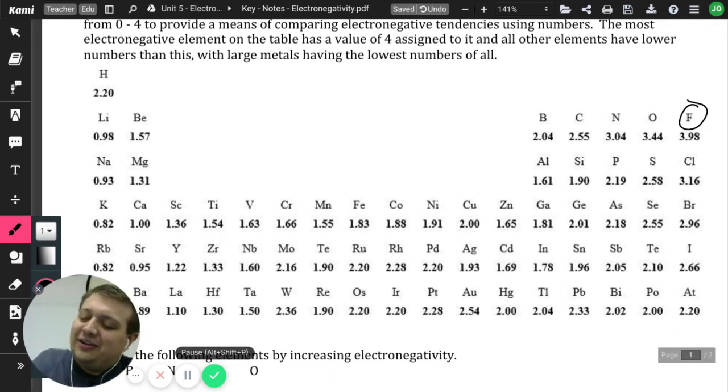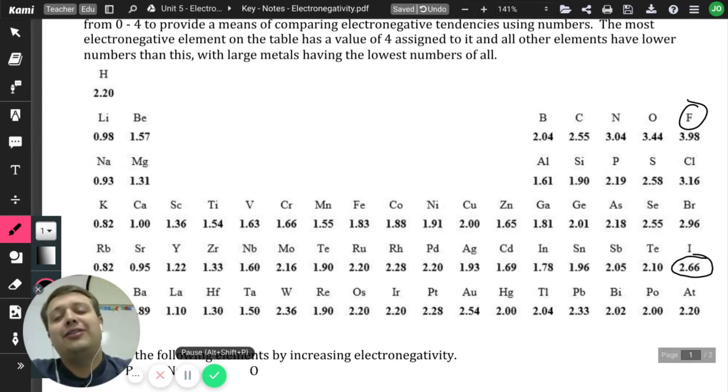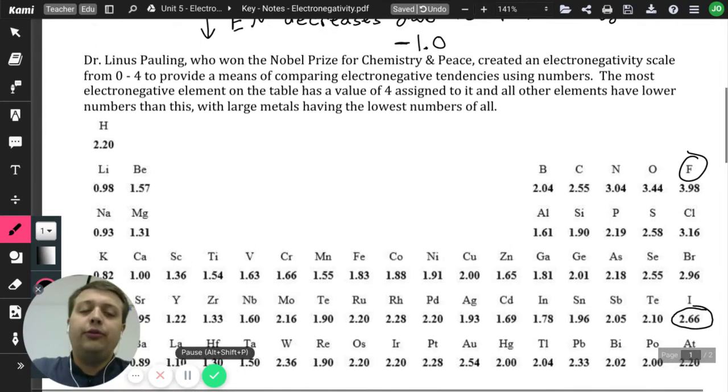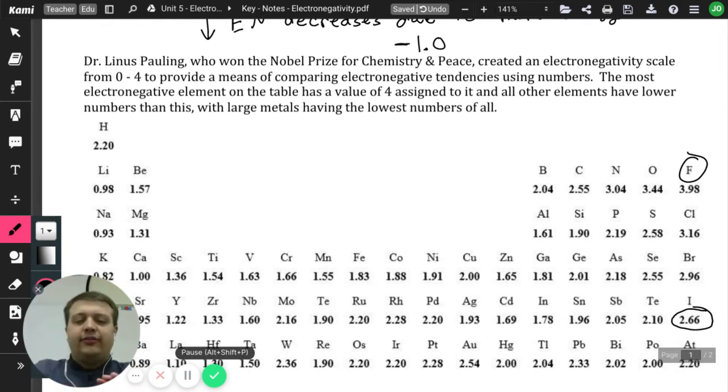If you look down here on your periodic table that was set up here, you'll see that iodine's electronegativity is actually 2.66, right? So the trend isn't perfect, but it does give us a general idea and it allows us to predict the electronegativities, okay? So what is this table?